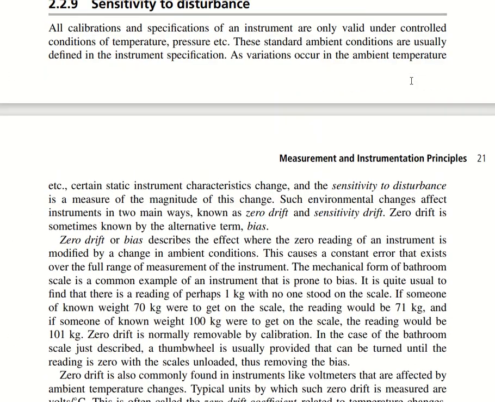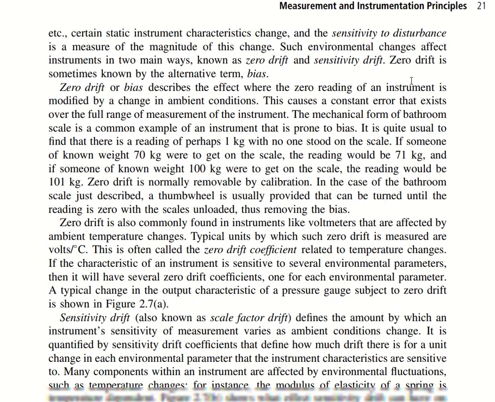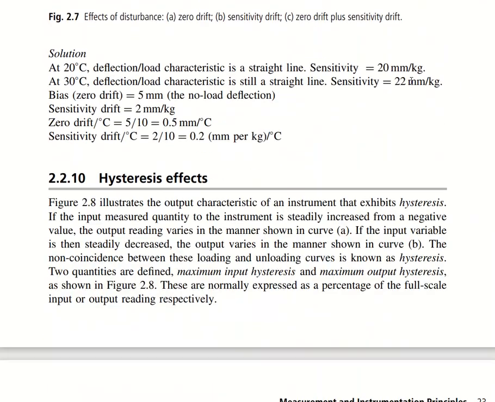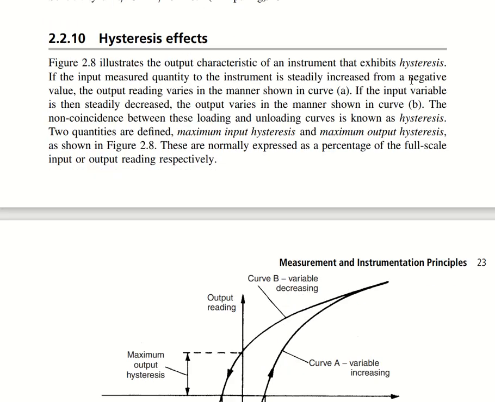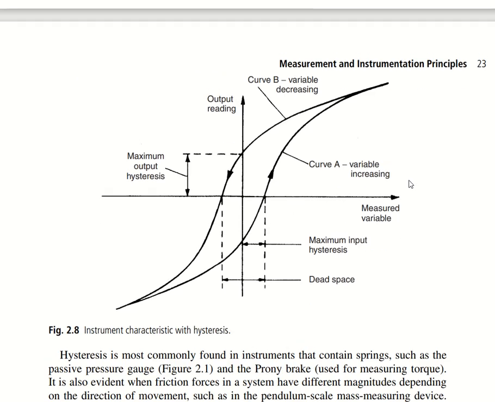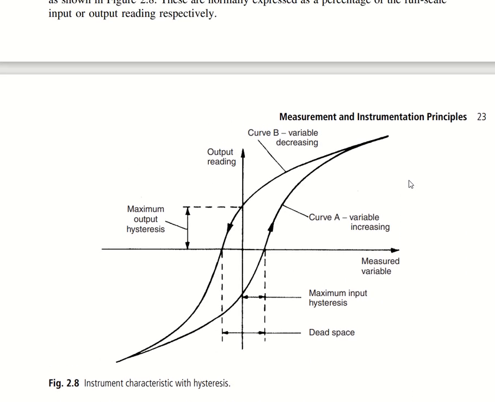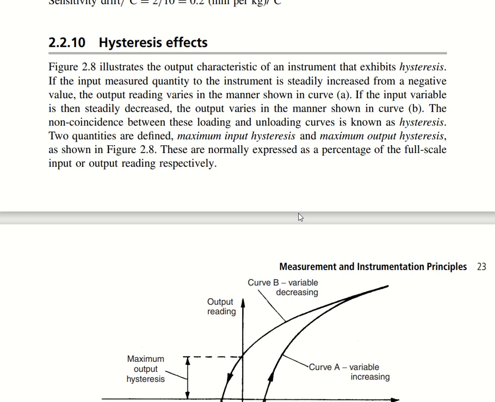Then we have sensitivity to disturbance. We are not going to go into the details of it, but we are going to discuss hysteresis. This is the hysteresis curve, and it illustrates the output characteristics of an instrument that exhibits hysteresis.